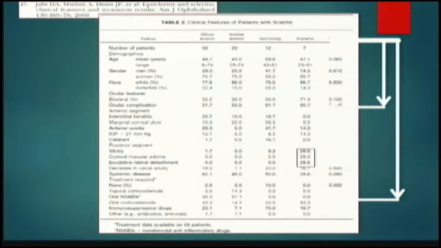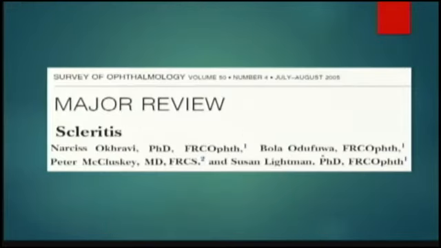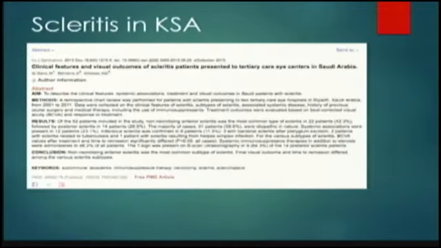As you know, posterior scleritis is the lowest, or rarest, to occur among these types of scleritis. And this is a good review to read about scleritis. If you record the reference, it will be good to read it and keep it in your references.